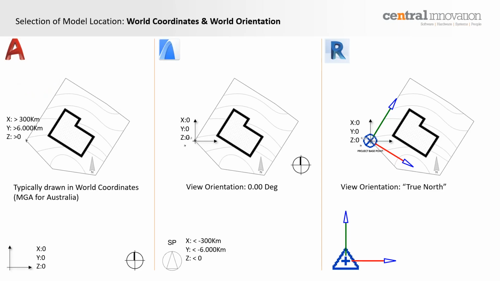Now, there will be a situation where you will need to deliver a file that is sitting in real world coordinates and world orientation. That will be exactly mimicking what happens in the AutoCAD file.